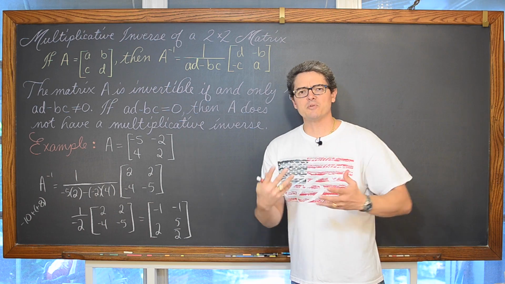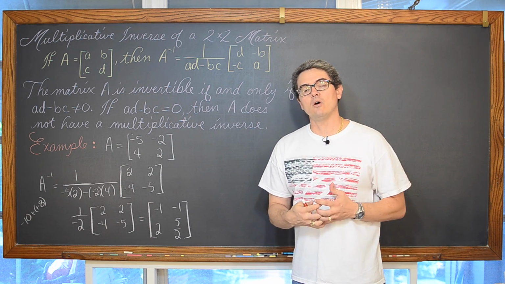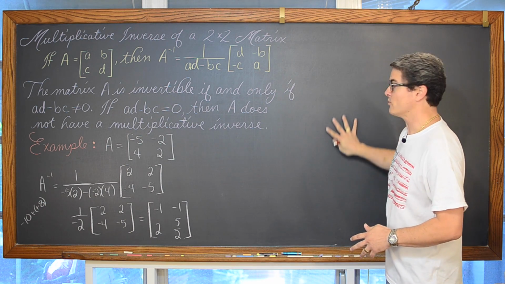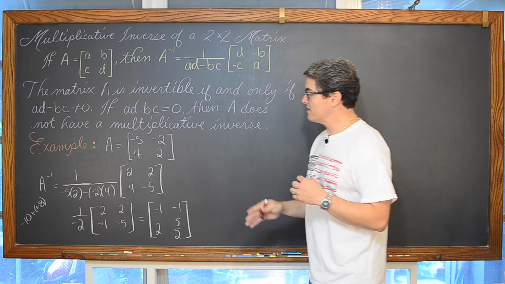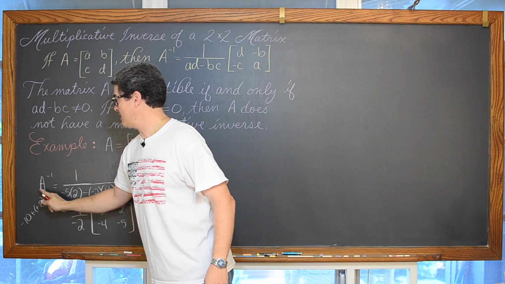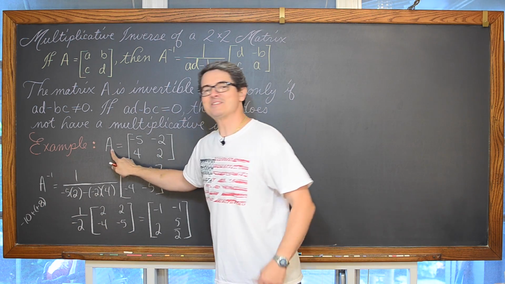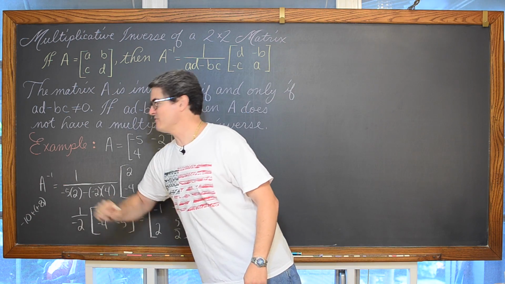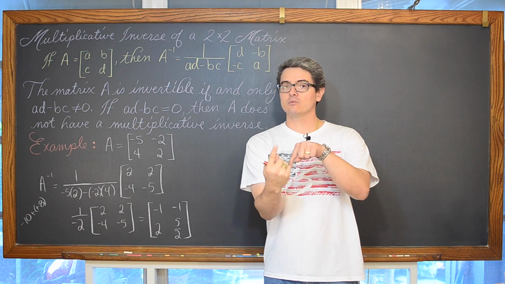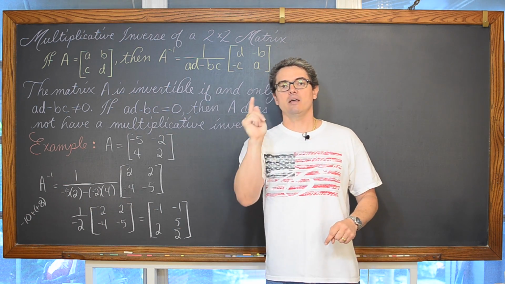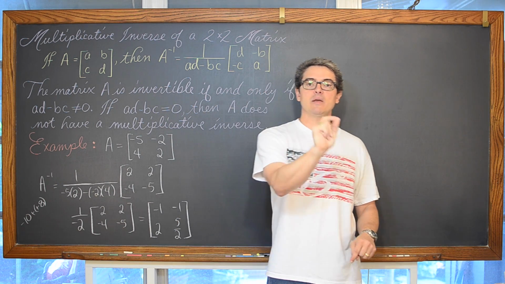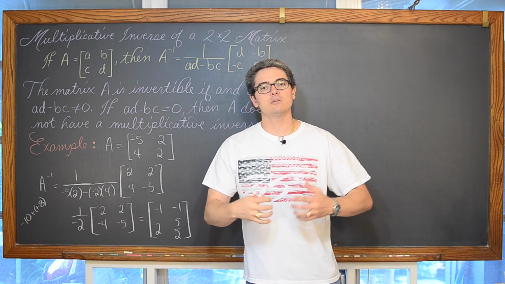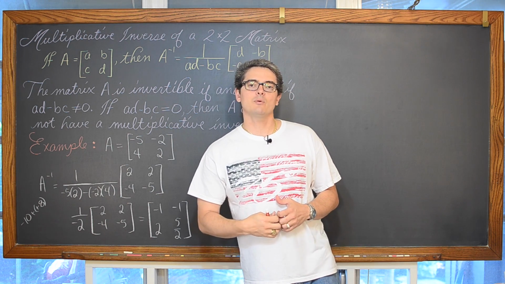Now for the purposes of the video and understanding that we've already learned how to multiply matrices, I'm going to step off and reveal over here one step at a time, taking matrix A, not the one with all the variables in it, and multiplying it by the inverse of matrix A in both directions, A times the inverse of A, and the inverse of A times A, and make sure that both times we get the identity matrix, and then move on to finding inverses of 3 by 3 matrices.